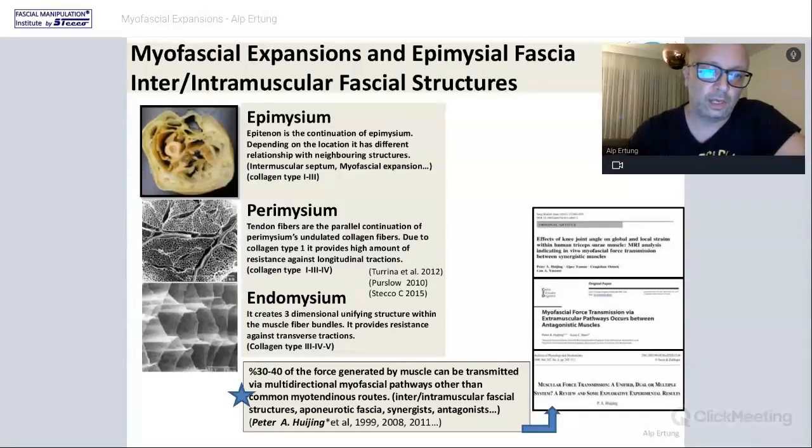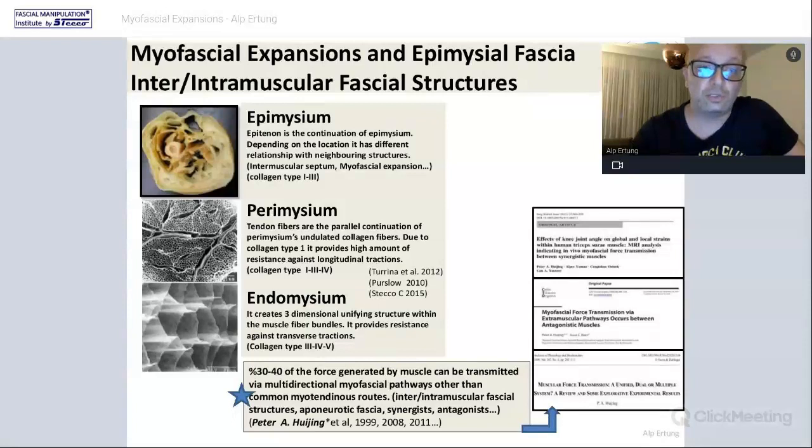Also to underline, the force generated by our muscle can be transmitted via multidirectional myofascial pathways other than common myotendinous routes.